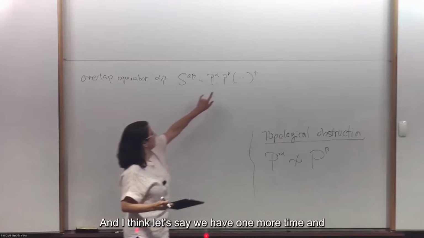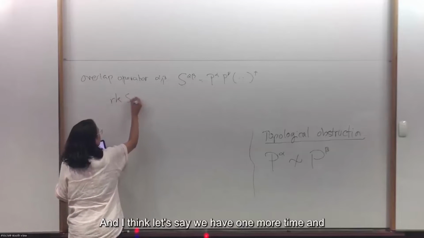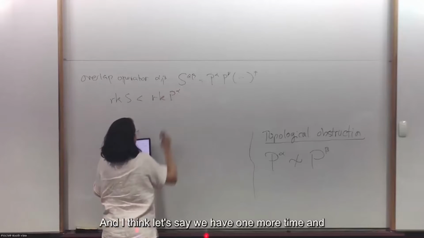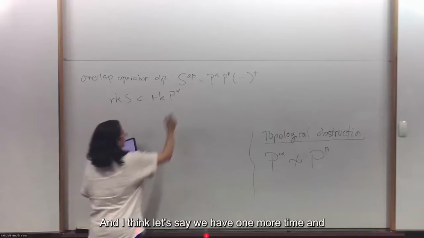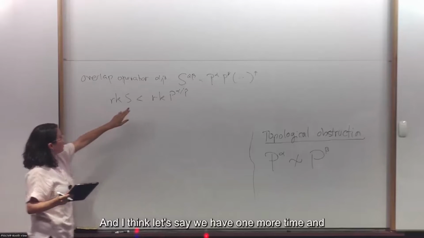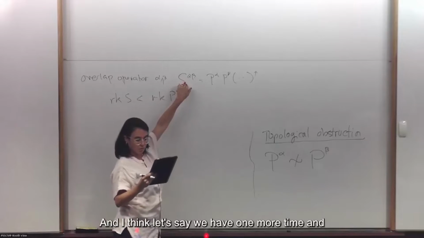What we know is that if these two spaces are not the same, then the rank of S is smaller than the rank of each one individually. So this is a singular operator. It has determinant 0 in a suitable basis.